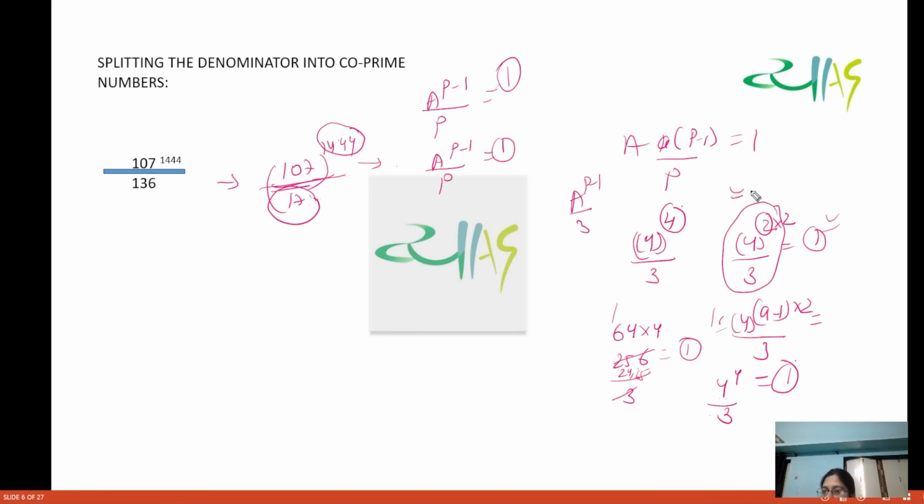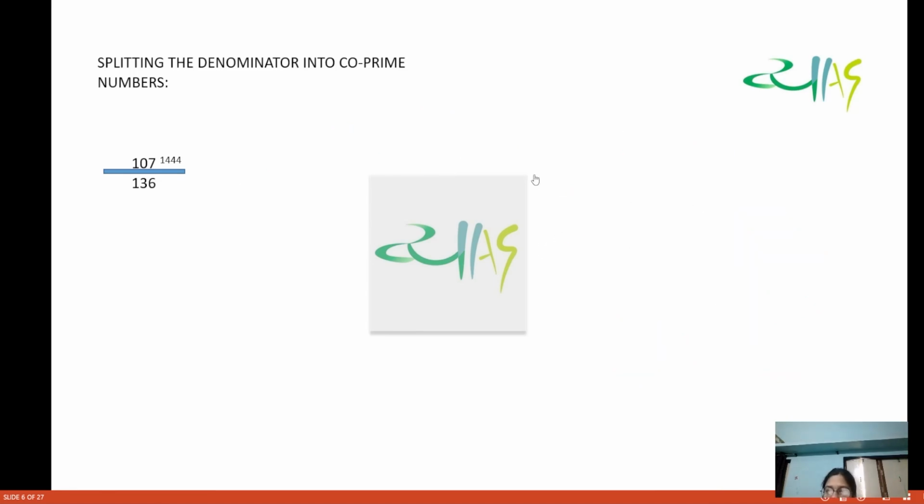I hope everybody is clear with this as well: if I take a to the power p minus 1 divided by p, and it is in the form of some multiple, I will still get remainder 1. Why am I saying this? Now I have 107 to the power 144 divided by 17.